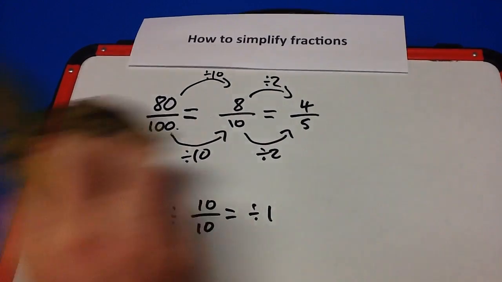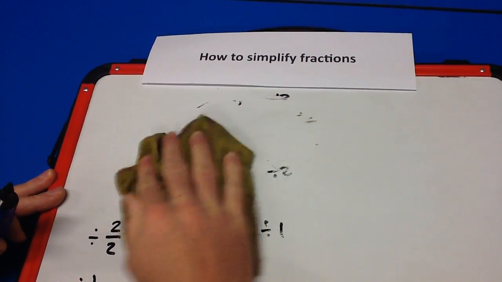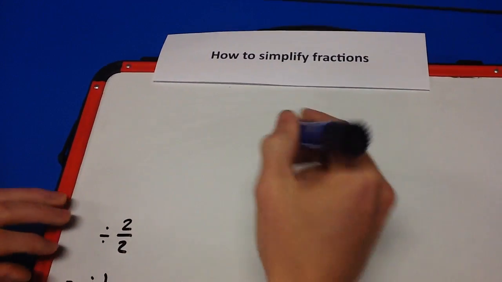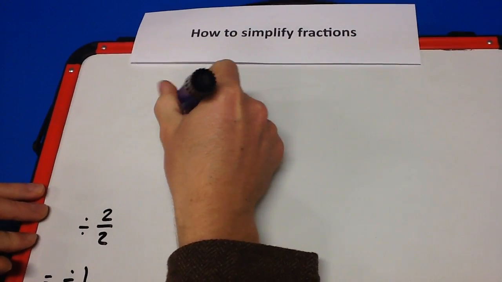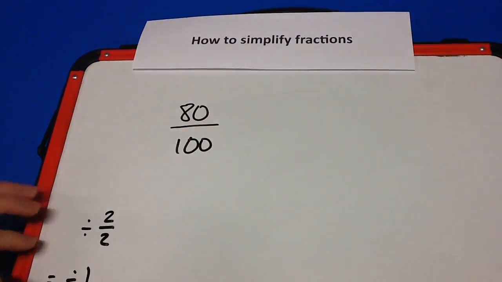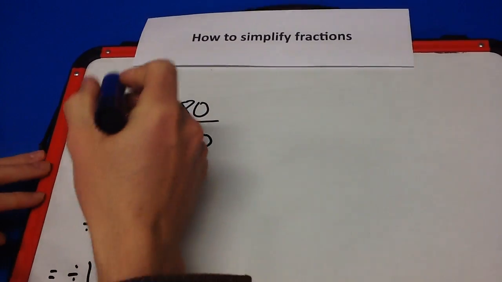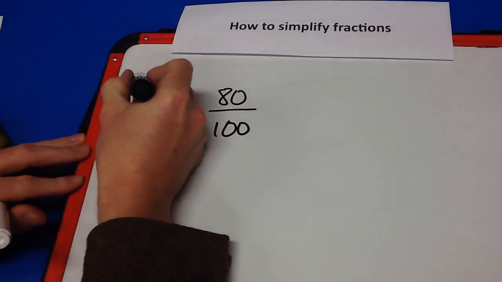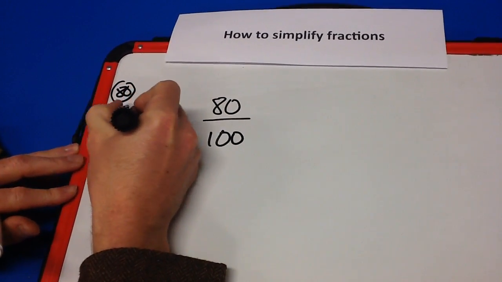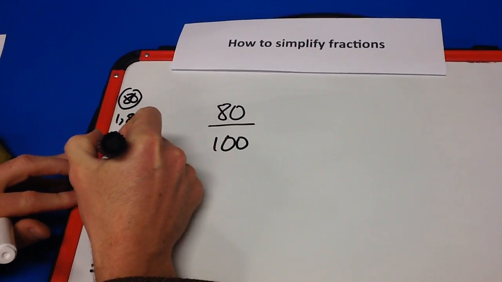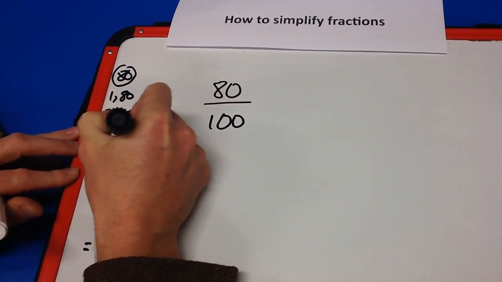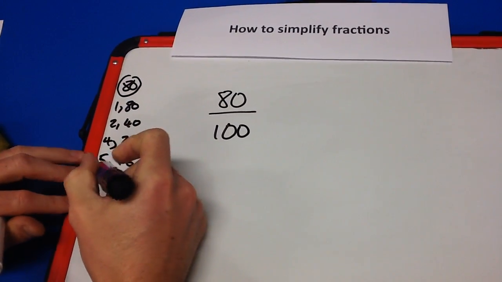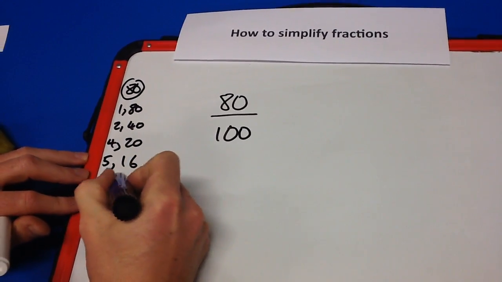And the final and quickest method, as long as you know your factors, is this way. 80 hundredths. So firstly I'm going to do it on the board to be thorough. I'm going to work out all the factors of 80. 1 and 80, 2 and 40, 3 and 4 and 20, 5 and 16, 6 and 7 and 8 and 10.